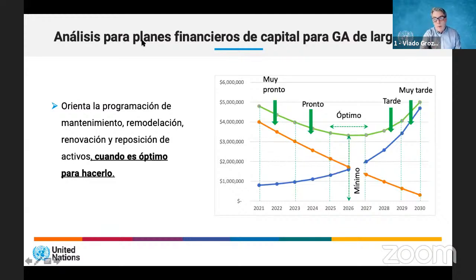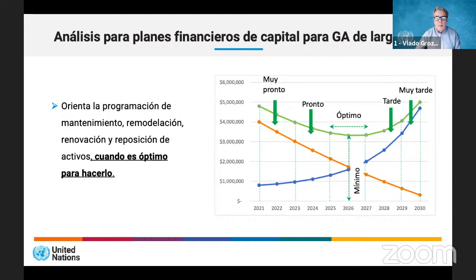If we have, for example, on the graph, year 2021, we can see with the red line the future depreciation of our assets. That's usually calculated by net present value. I don't want to go into detail on how it's calculated.